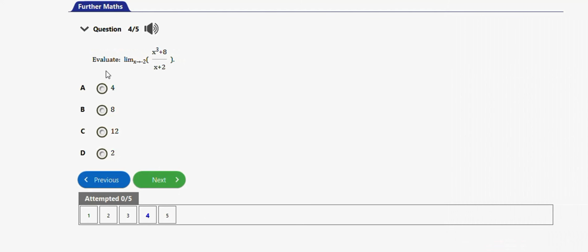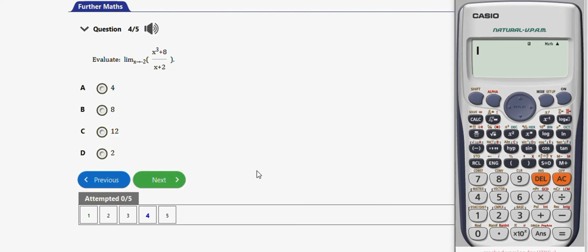It says evaluate the limit x tending to -2. Let's bring the calculator. Now for this question, x is tending to -2. That means we are going to store a fresh number. I highly recommend that you should reset it to put it in safer mode. To reset, just press shift button 9, press 3, press equal to again.